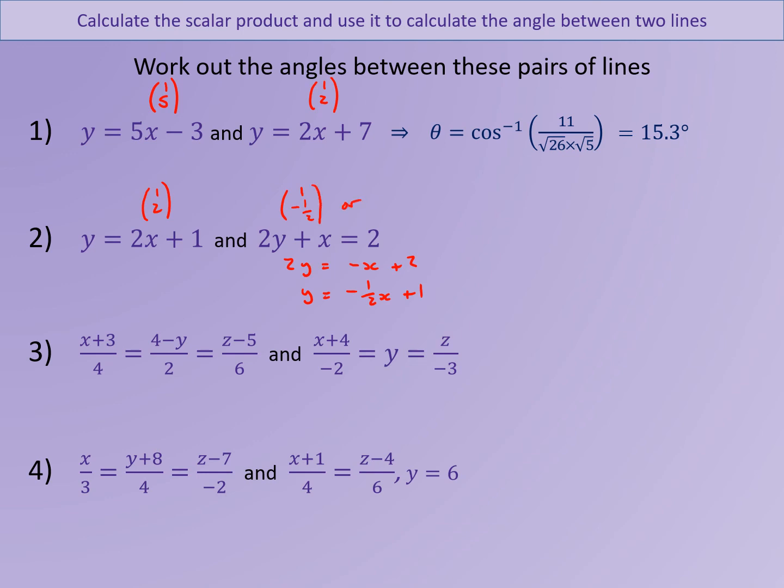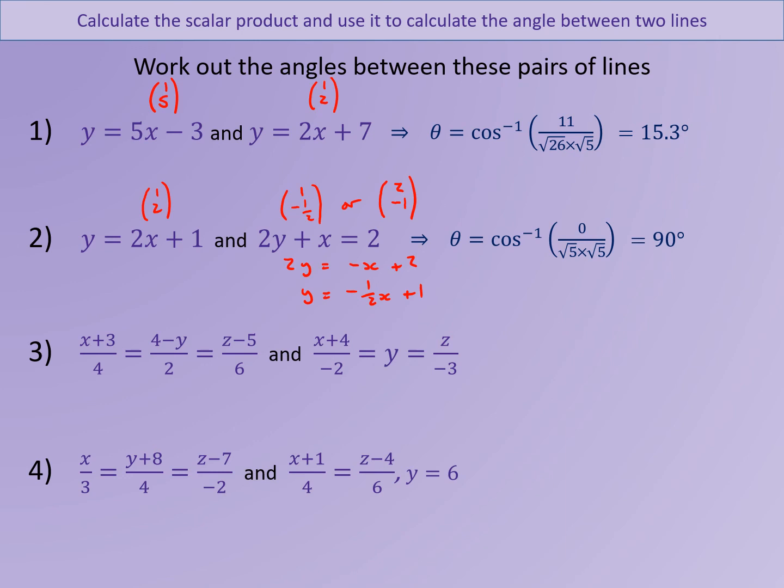However, since only the direction matters, it may be simpler to use the vector 2, -1 for this purpose. So using 1, 2 and 2, -1 as the two direction vectors, you can see in this case the scalar product is 0. This tells us that the angle between the two lines is 90 degrees. We can also verify this using a rule we've previously seen, that if the gradients are negative reciprocals, the lines will be perpendicular.